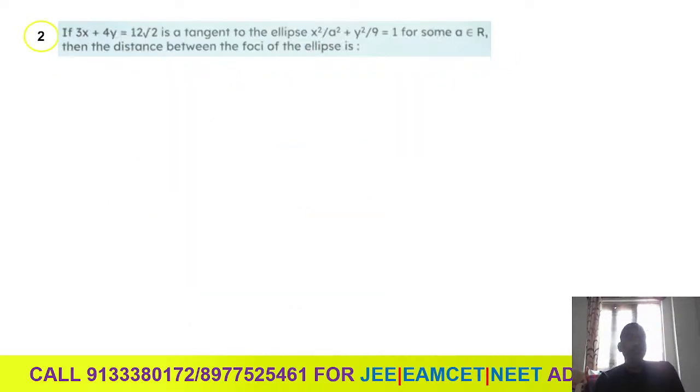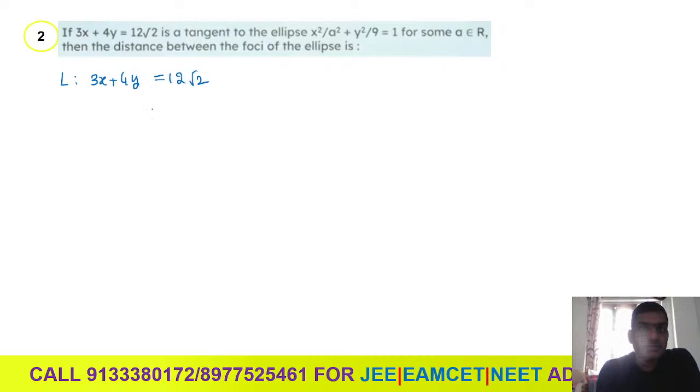If 3x plus 4y equal to 12 times the square root of 2 is a tangent to the ellipse x square over a square plus y square over 9 equal to 1, for some a belonging to R, then the distance between the foci of the ellipse is. Look at the given tangent line: 3x plus 4y equals 12 times the square root of 2.